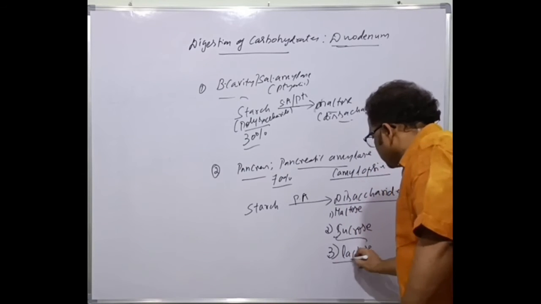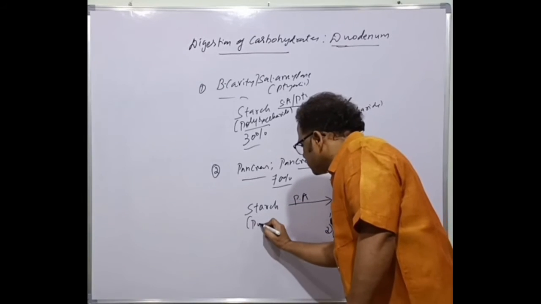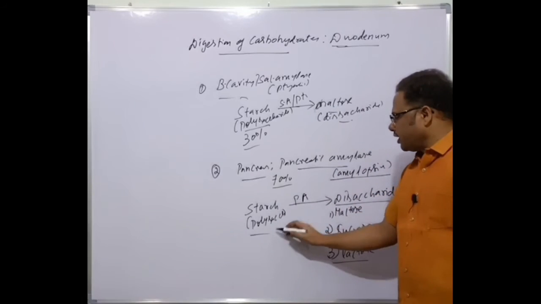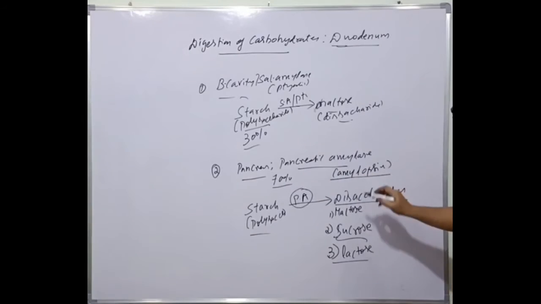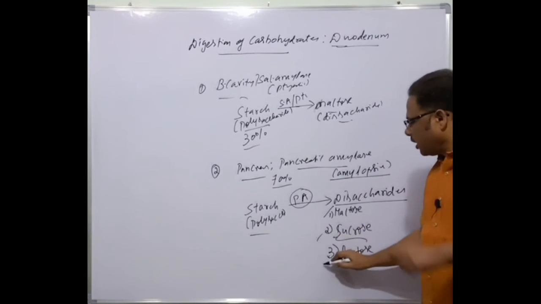Maltose, sucrose and lactose are the disaccharides, whereas starch is a polysaccharide. Starch is broken down by pancreatic amylase, called amylopsin, into the disaccharides maltose, sucrose and lactose.